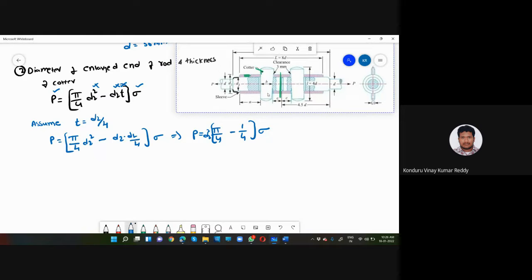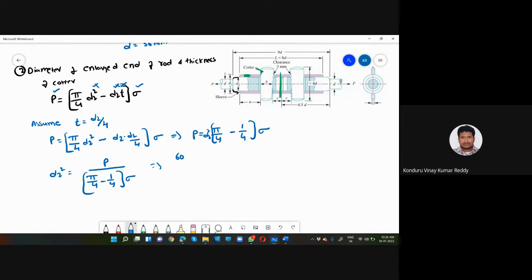Anyway, the thickness has been attached over there. I cannot shift that figure now. That is d2 square is equal to P by (pi by 4 minus 1 by 4) into normal stress, that is 60 into 10 to the power of 3 by (pi by 4 minus 1 by 4) into normal stress.